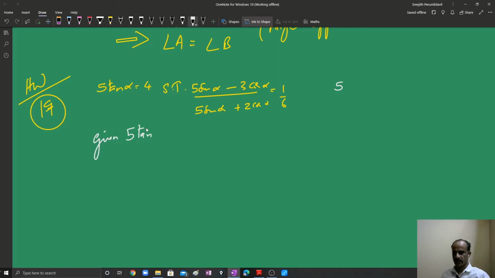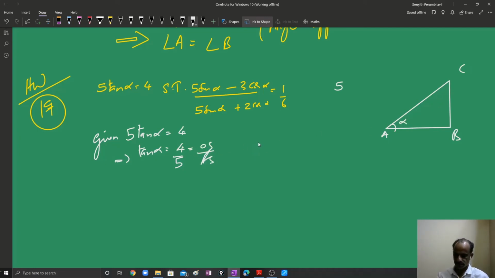5 tan alpha is equal to 4 implies tan alpha is equal to 4 by 5. So, in a triangle, tan alpha is 4 by 5. This angle is alpha. That is opposite side by adjacent side. This is the opposite side, so you can take 4 and this as 5.